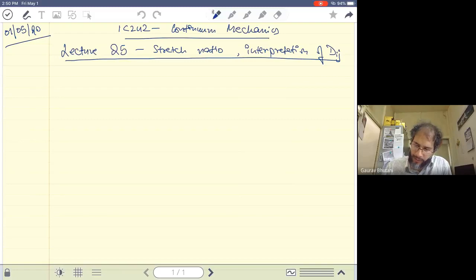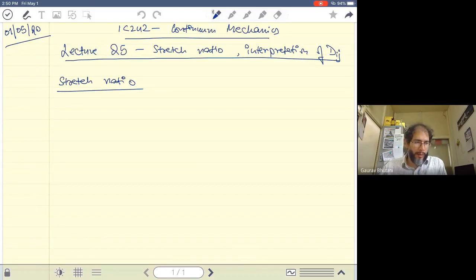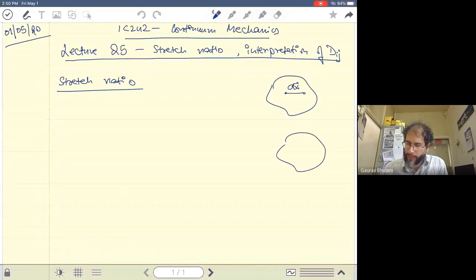All right, so let's define what stretch ratio is. Let's go back to our discussion on the deformed and undeformed configurations. Remember, in the undeformed configuration, we had a vector dX, and in the deformed configuration, we had a vector dx.